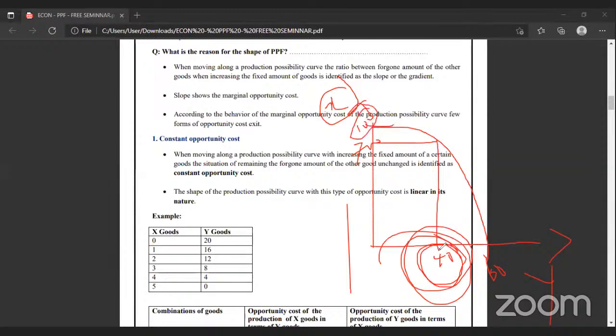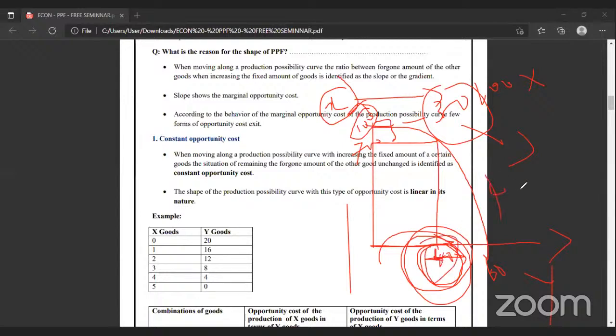That means if they don't produce 40, they can produce a maximum of 100 X good. So if they sacrifice 30 X good only, how many Y goods can they produce? 40, exactly, this 40.